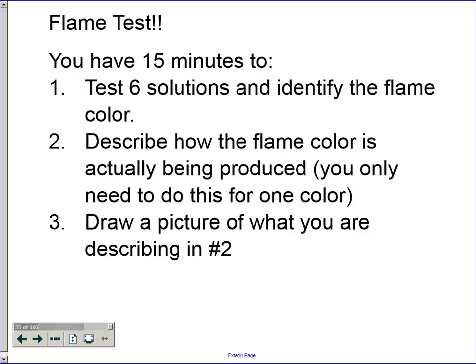Alright, you have 1 minute left in the box, and then come on back up here. This should be a quick and easy exercise.